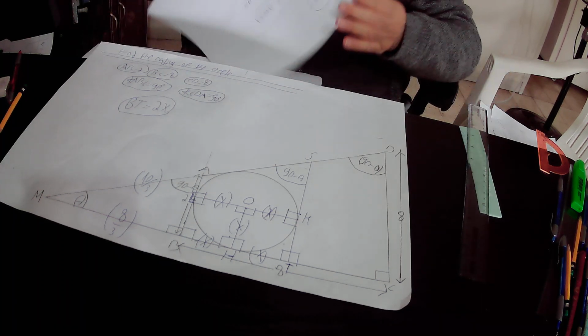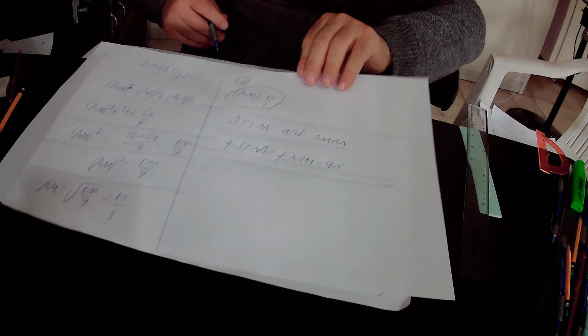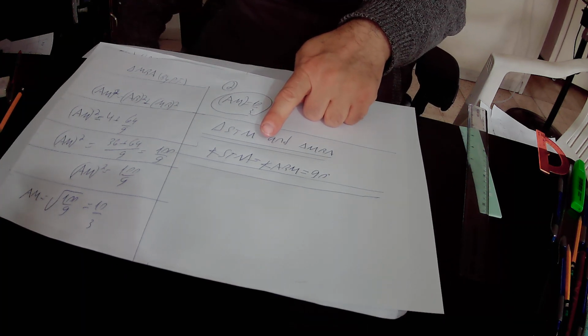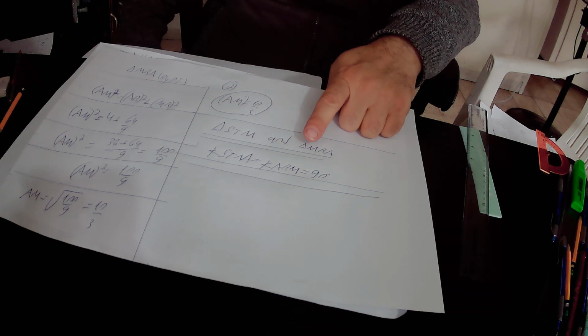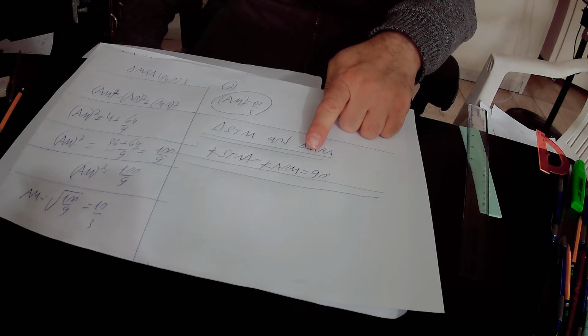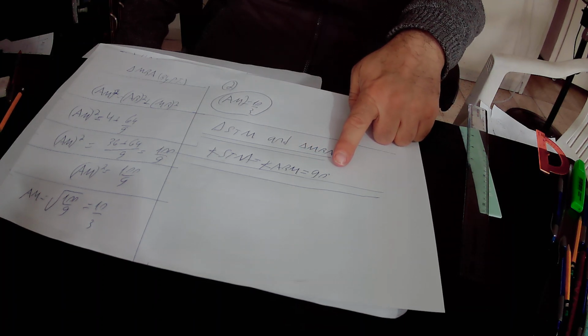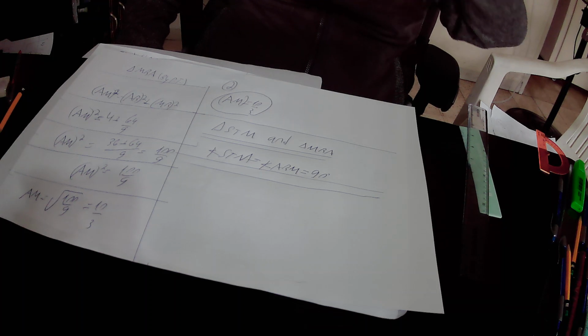Repeat again. Angle STM in the right middle triangle STM equals angle ABM in the right small triangle ABM. Therefore, equal to 90 degrees. Therefore they are equal to each other.